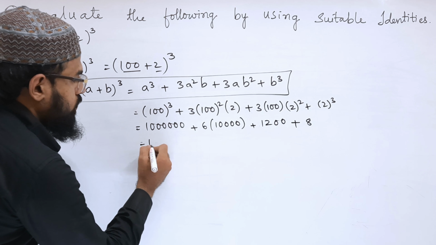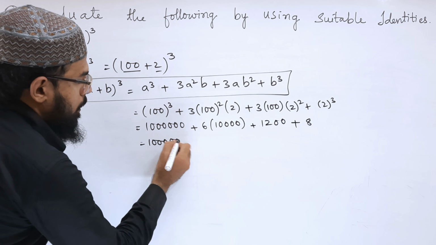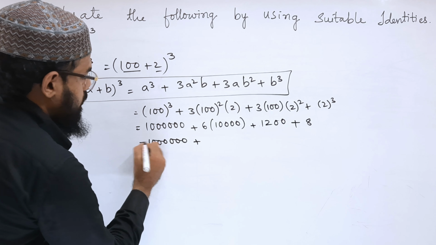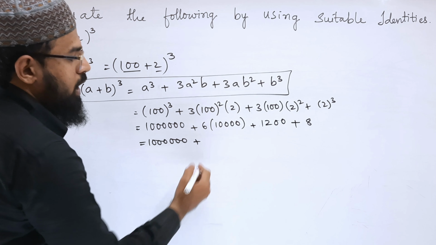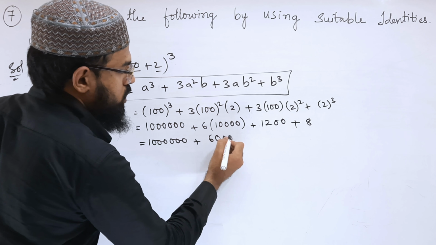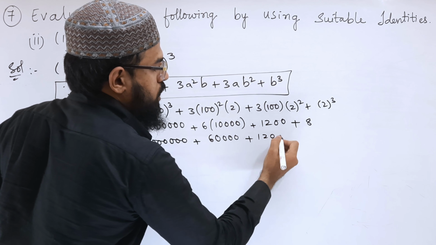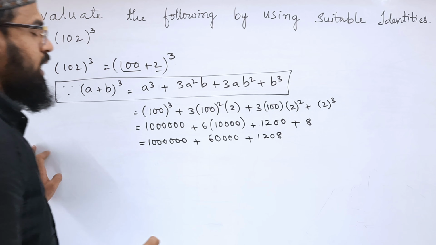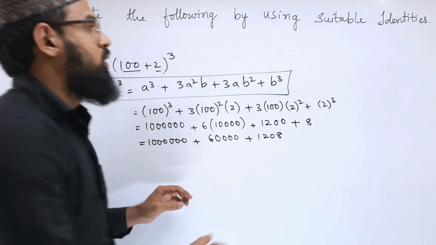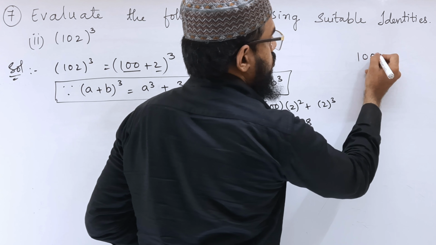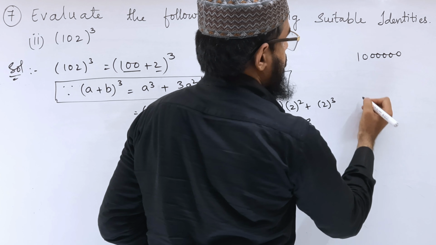Next, plus 6 into 10,000, that will be 60,000, plus, if we add this, 1208. Next, add all this. 1, 2, 3, 4, 5, 6.